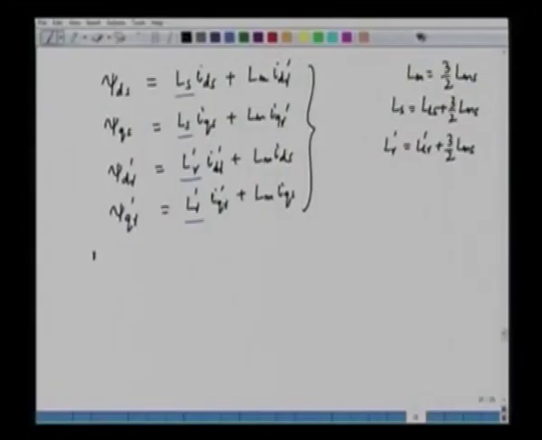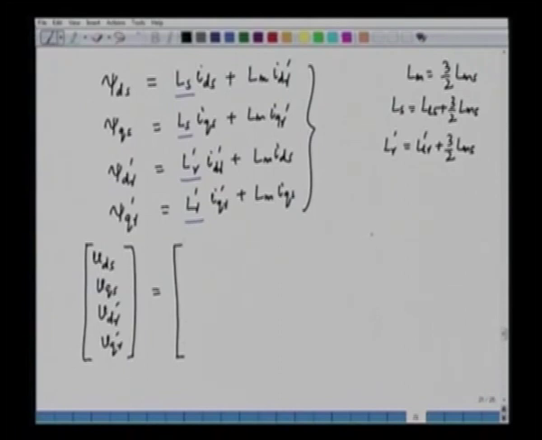Okay. So we can now write down the expression for the voltages, and we can write them in a matrix form: Vds, Vqs, Vdr and Vqr. We just have 4 variables as opposed to 6 variables in the ABC frame.